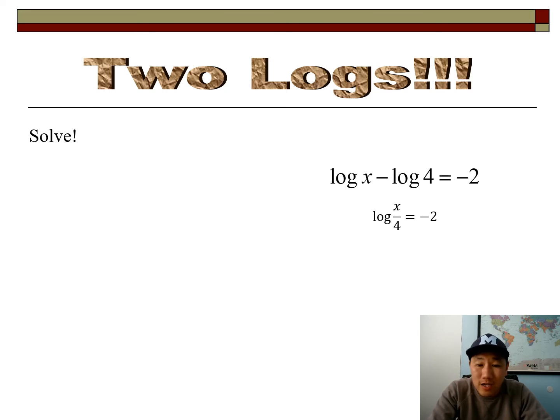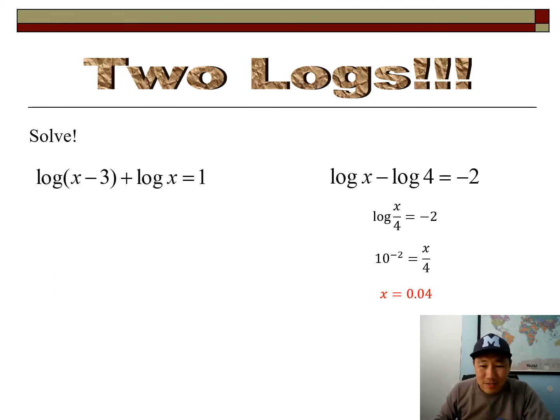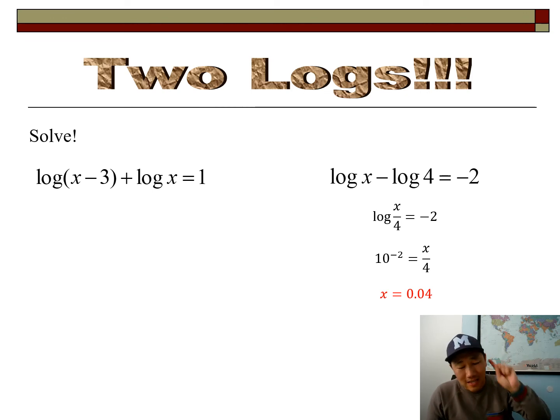Now go ahead and change it to exponential form. 10 to the negative 2 equals x over 4. 10 to the negative 2, you can throw it into your calculator, multiply both sides by 4. Answer is 0.04. I lied, that was the last one, but this is actually the last one.